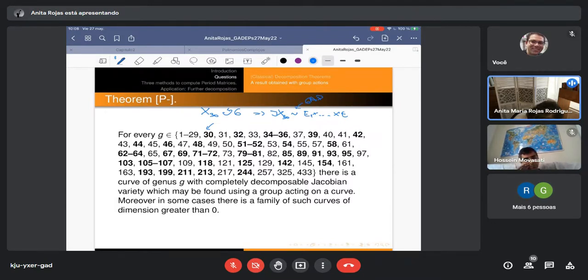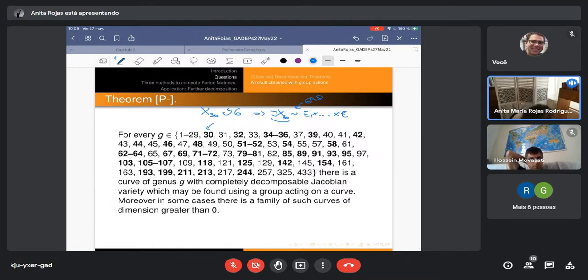Fortunately, in these cases, which are bold here, the dimension of the primitive factors, meaning the factors coming from the decomposition into minimal left ideals, have dimension 1. So we found the completely decomposable decomposition of that Jacobian variety.